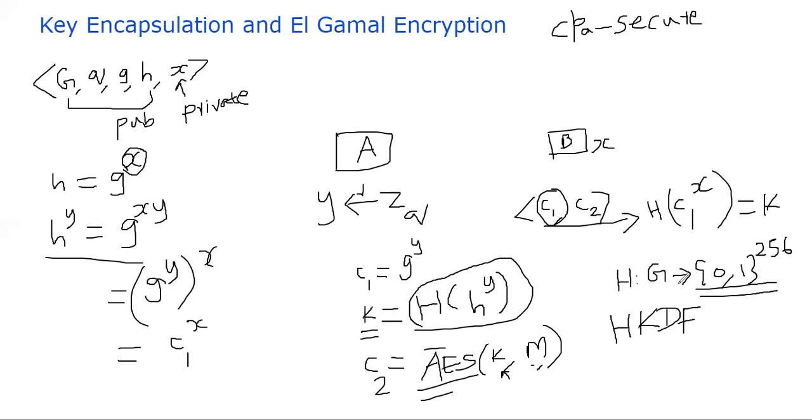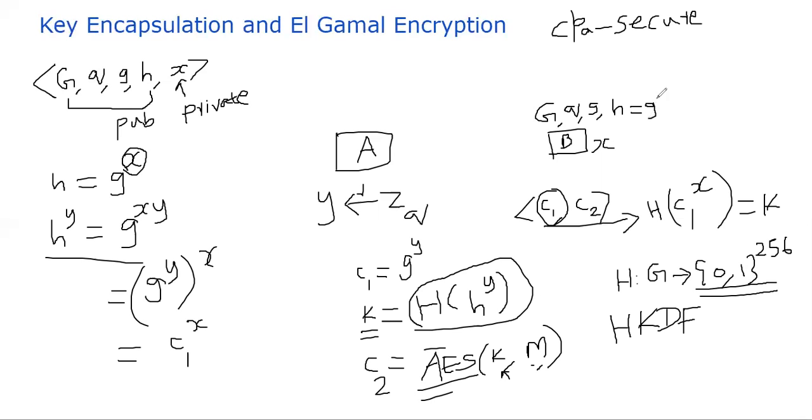Okay, so that's basically it. So what we have discussed today is that Bob publishes his public key. What are the parameters? The group G, the order of the group, the generator of the group, and the public key h, which is nothing but g to the power x.